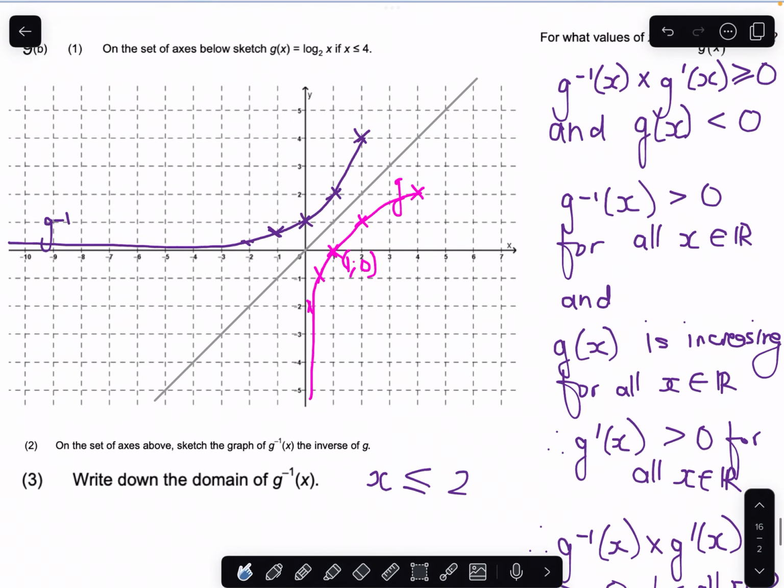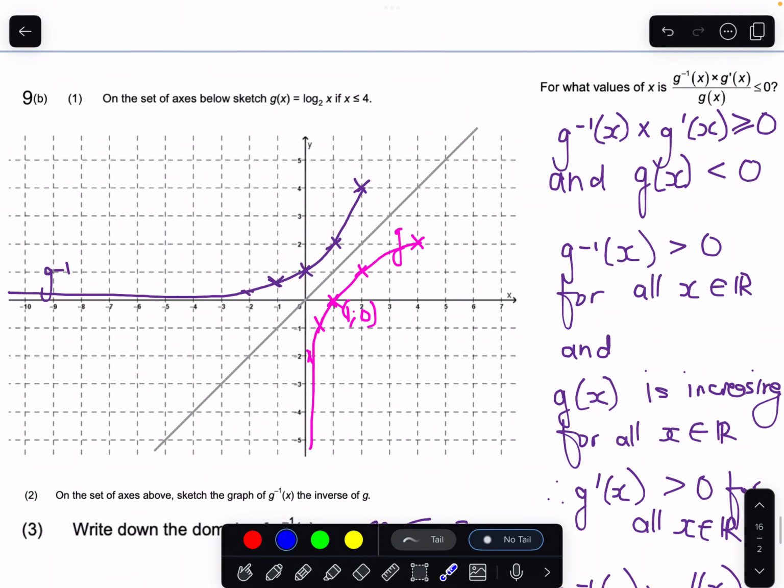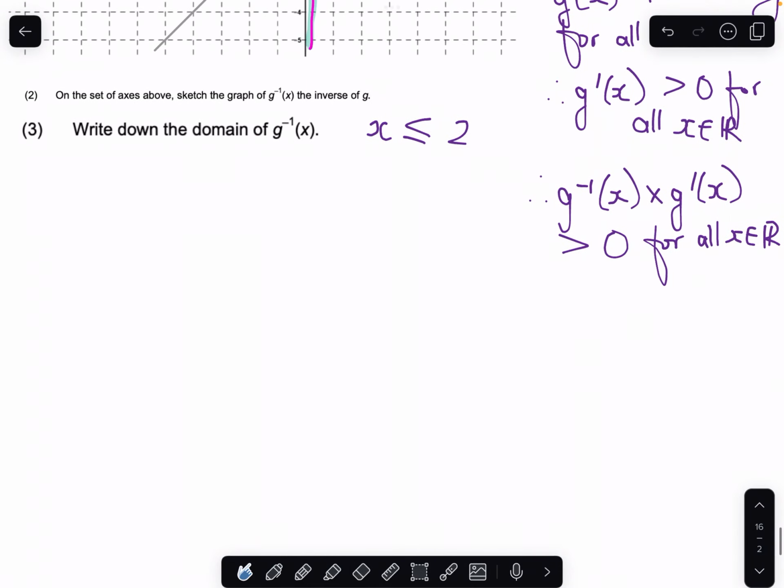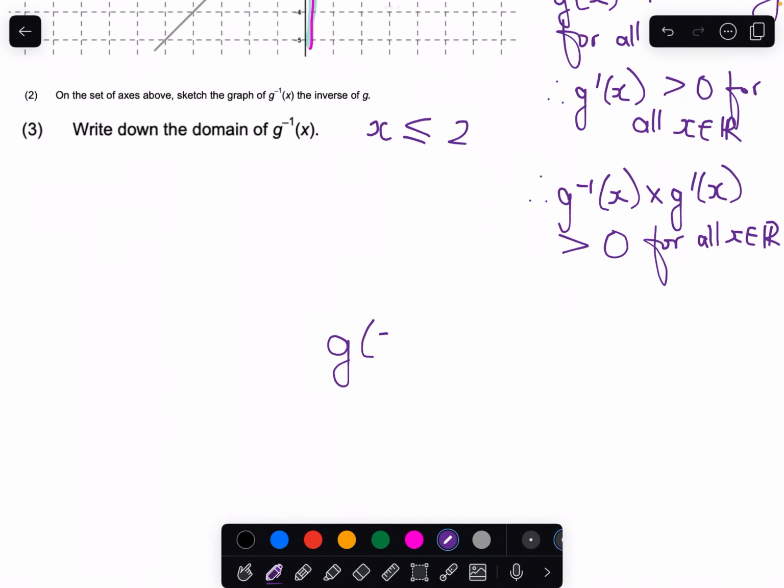So really what we care about is where g of x is negative, because that is what will make this inequality true, and it is negative over here. For this part of the graph, g is producing negative values, and that is happening when x, the input, is between 0 and 1.